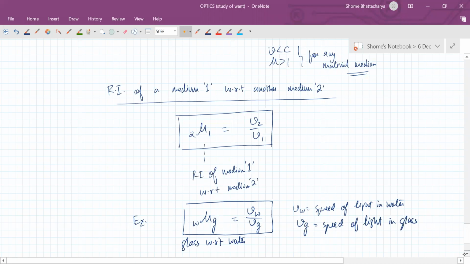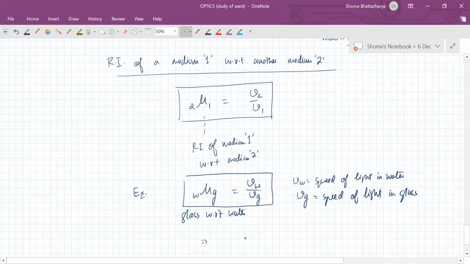Okay. So now you can also see that refractive index of glass with respect to water, for example, will become, now this is c divided by refractive index of water, and this is c divided by refractive index of glass.